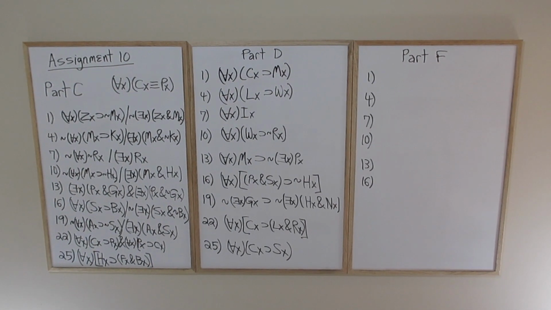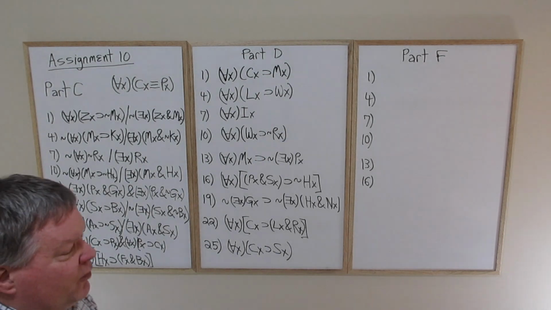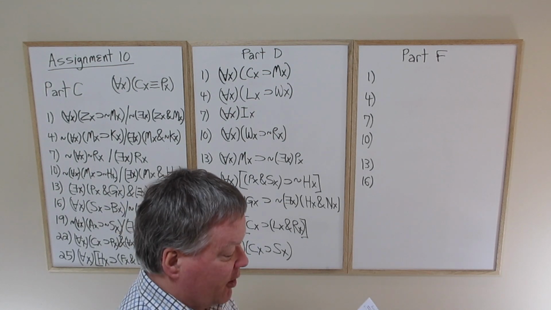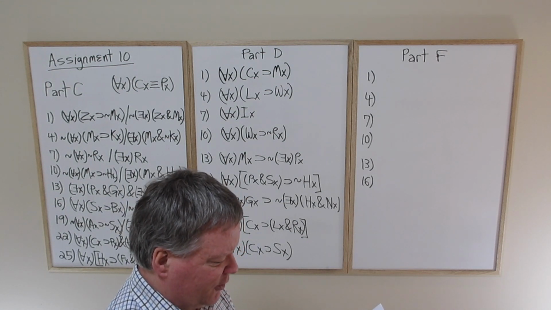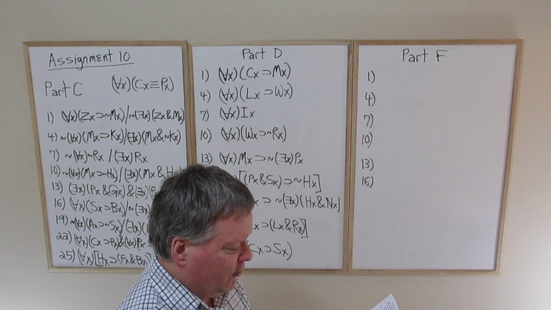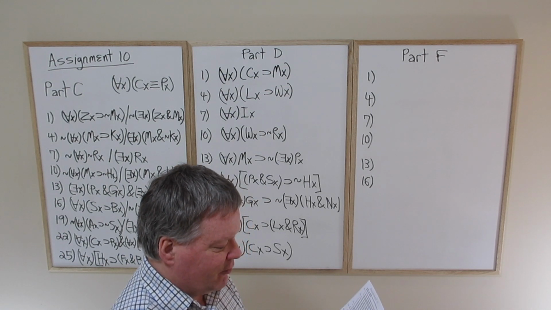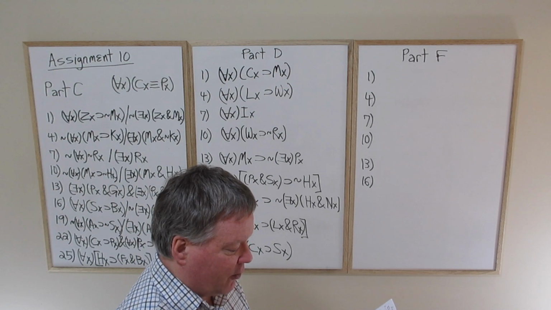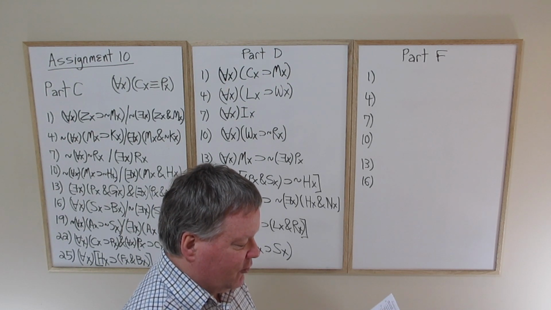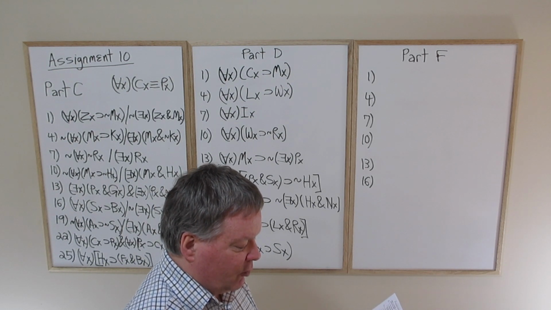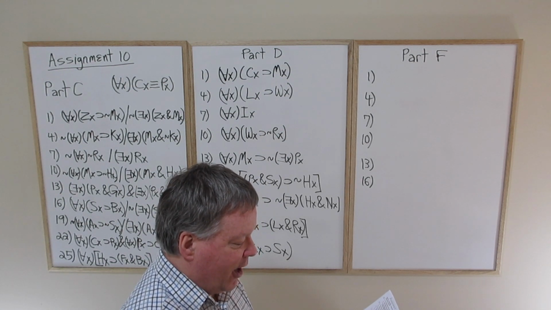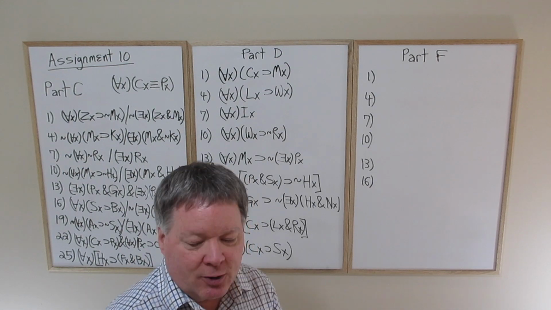Now we could consider the starred questions in part F in the bottom half of the right-hand side of the sheet there. The first one tells us in the English sentence, no rectangle is a square unless it is equilateral. So we've got X is a rectangle, X is a square, X is equilateral.